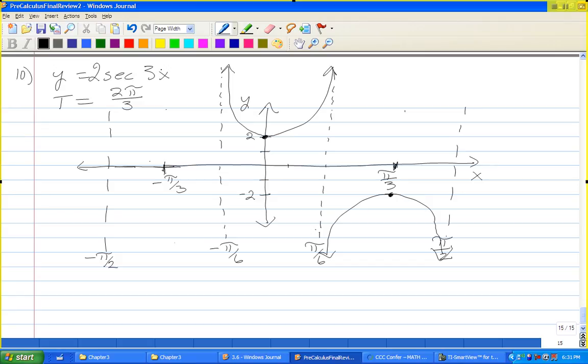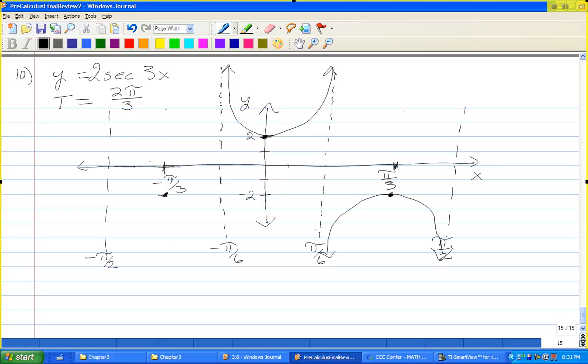Cosine of negative pi is negative 1. And so 2 times negative 1 is negative 2. Again, secant of 3 times negative pi over 6 goes to infinity. 3 times negative pi over 2 is negative 3 pi over 2. Cosine of negative 3 pi over 2 is 0, so secant is infinity.